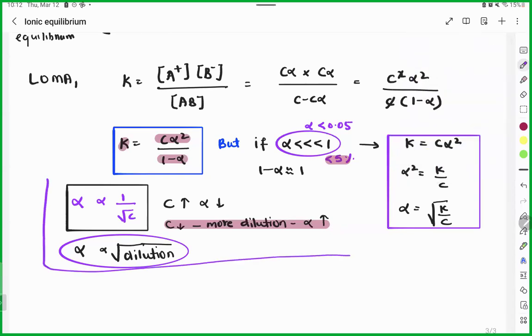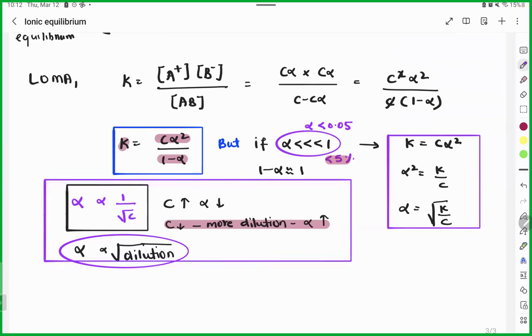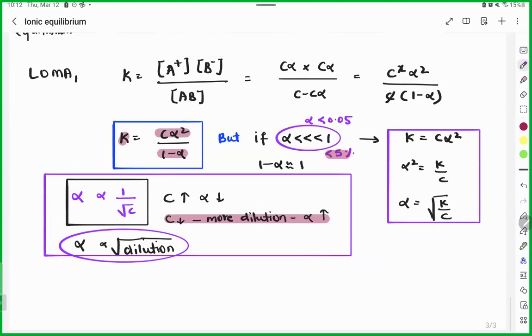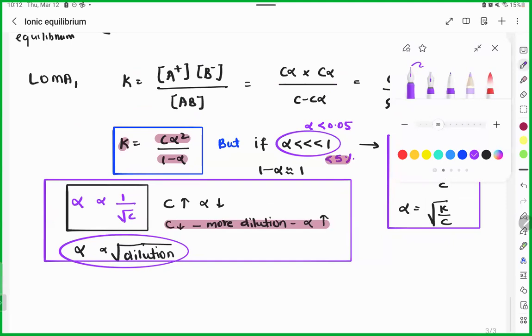On dilution, degree of dissociation increases, and on increasing concentration, degree of dissociation decreases. Any doubt, guys?